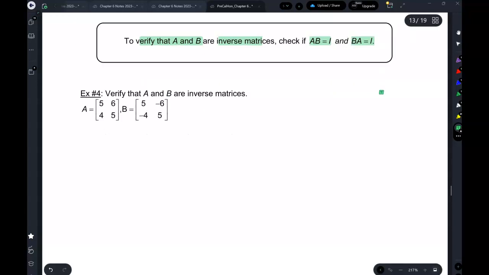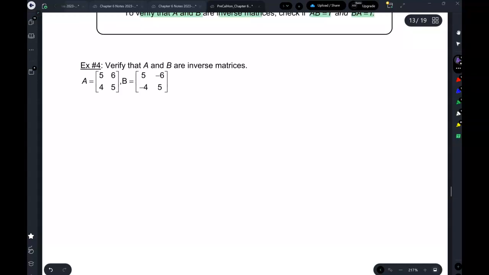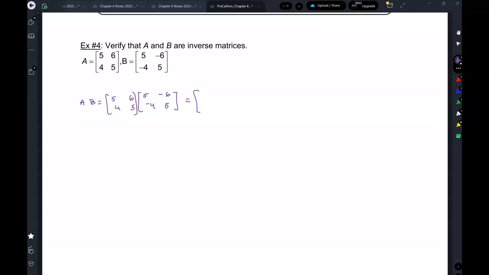Okay, so for this one, let's do A times B. So what result am I going to get? What by what? A 2 by 2.